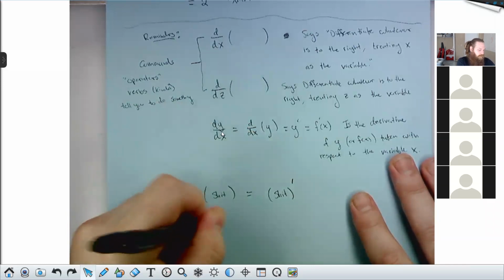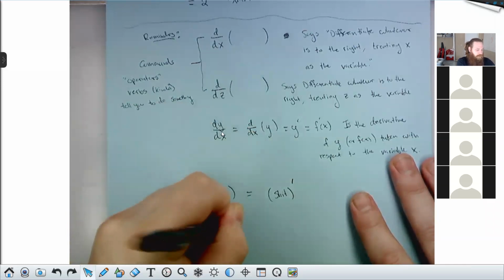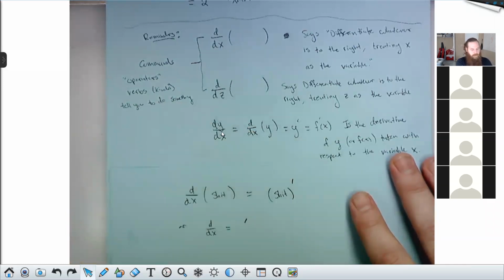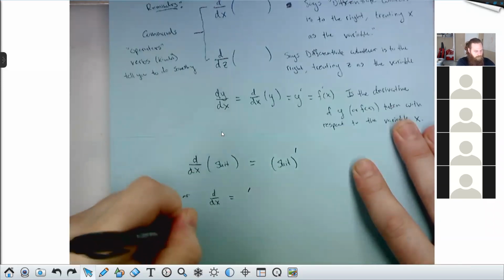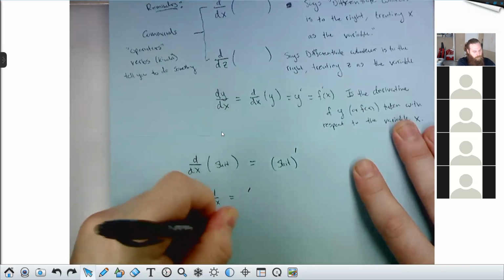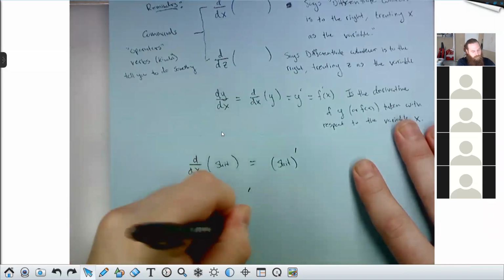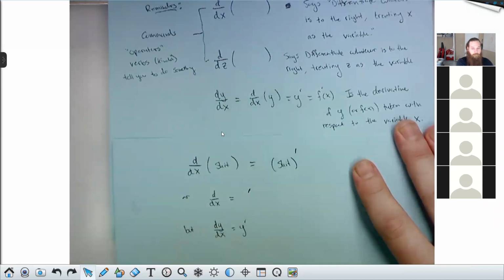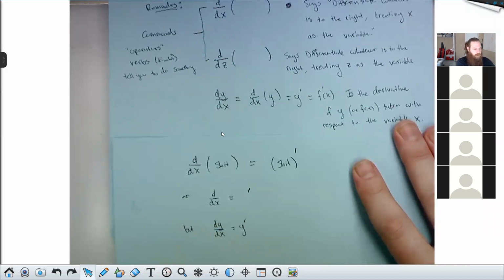Or you could just say d/dx is equal to just the prime, whereas dy/dx is y prime. So the prime tells you what you're going to do.